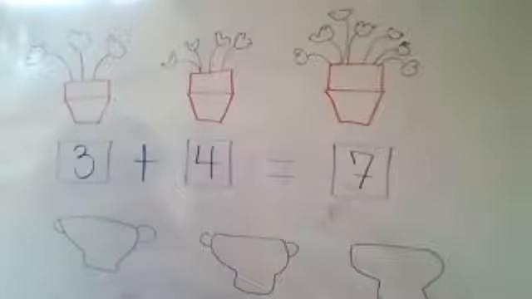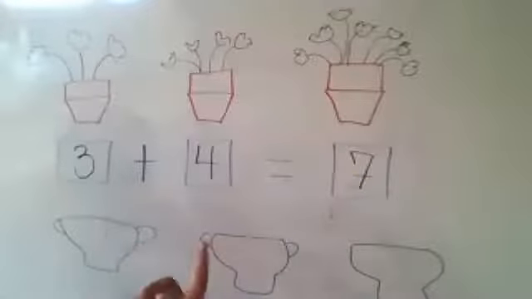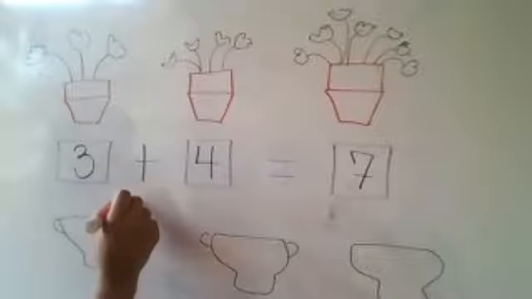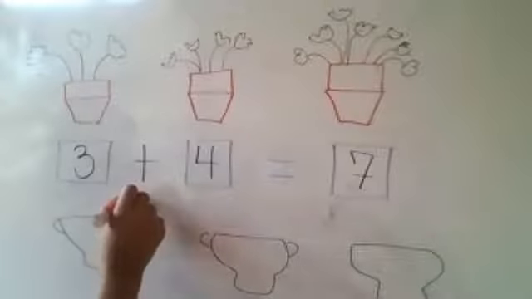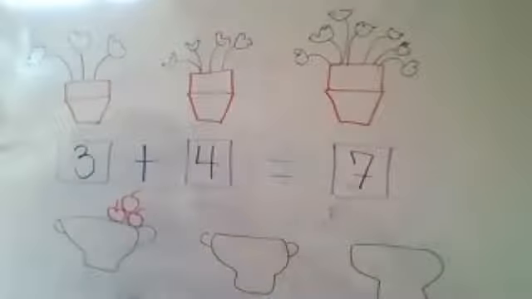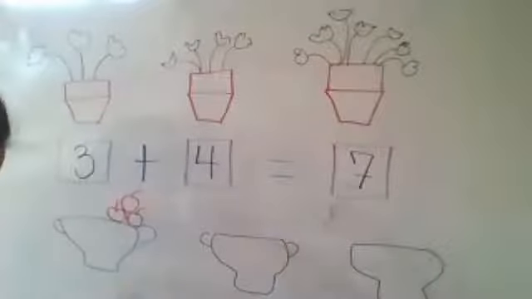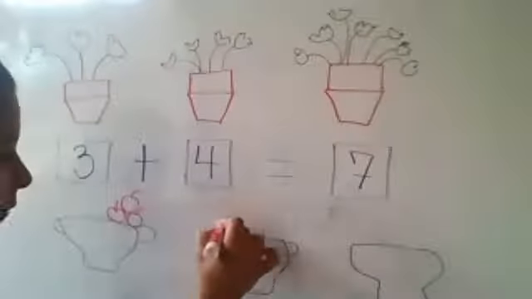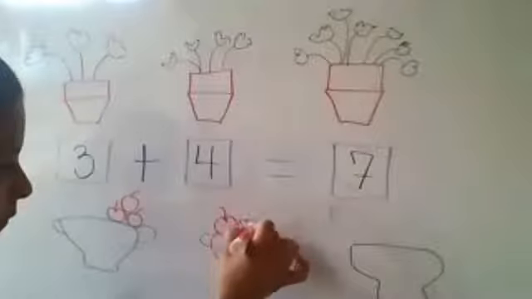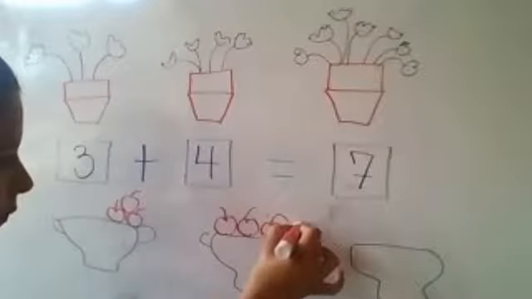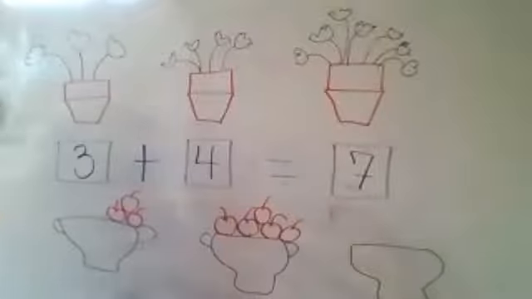Now, if you see, there we have apples. How many apples do we have in the first one? 3 apples. 1, 2, and 3 apples. What about on the next base? On the next base, we have 5 apples. 1, 2, 3, 4, and 5 apples.